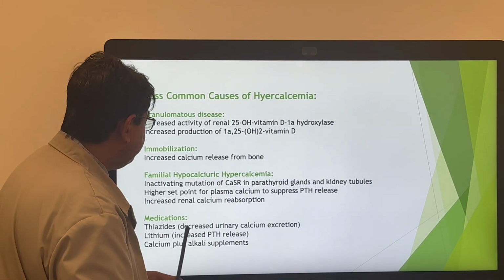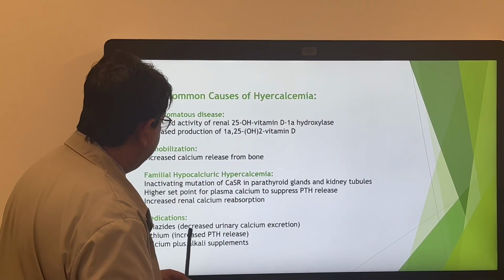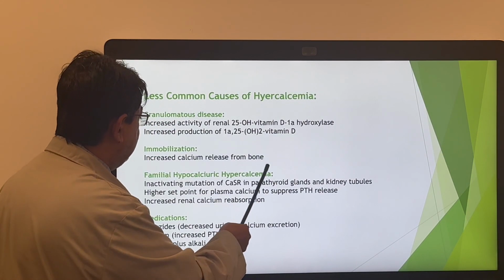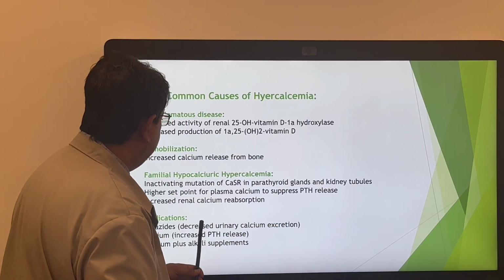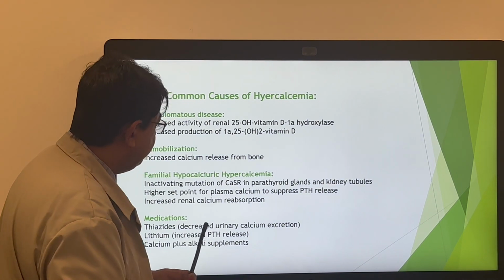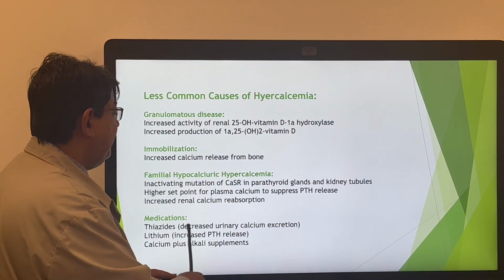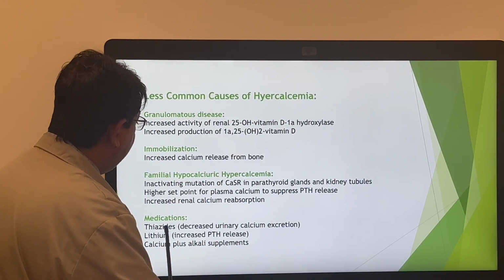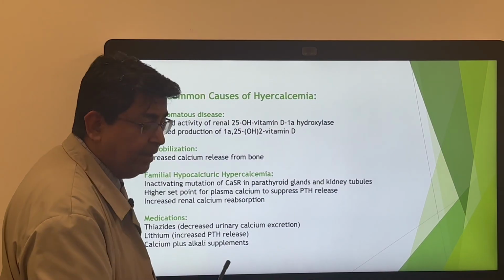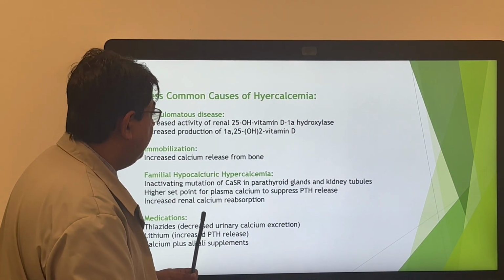So you have hypocalciuria because you have increased renal calcium reabsorption, and you have hypercalcemia because there's a higher set point for suppression of PTH release. Medications such as thiazides, which decrease urinary calcium excretion, lithium, which increases PTH release, as well as calcium plus alkali, are also common scenarios that are encountered in the clinical setting.